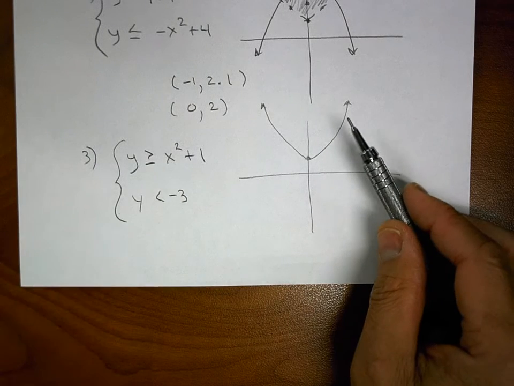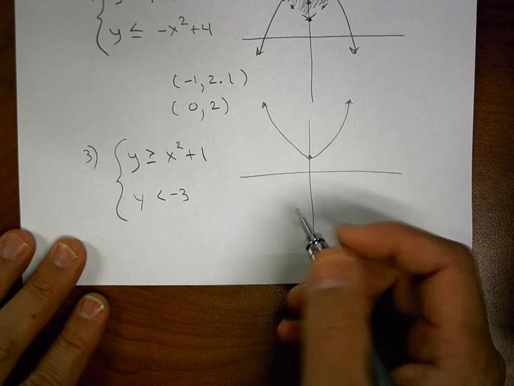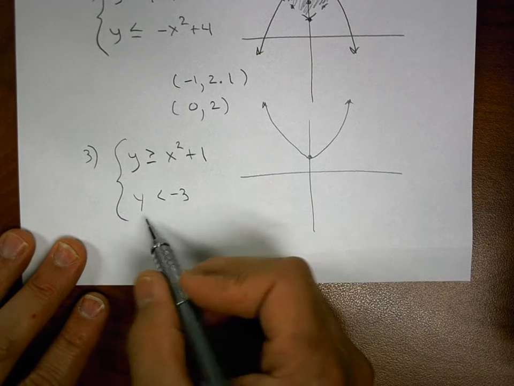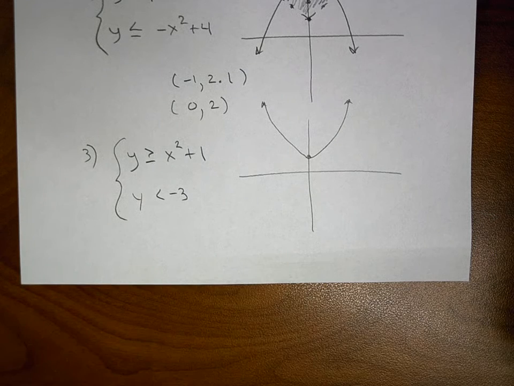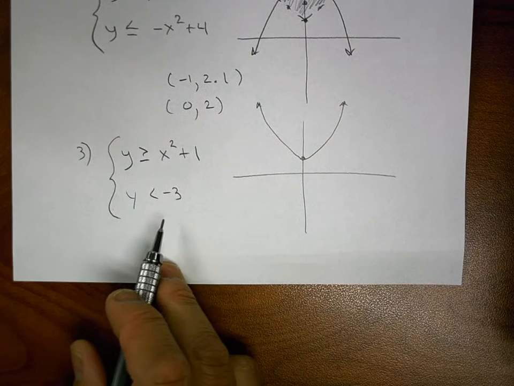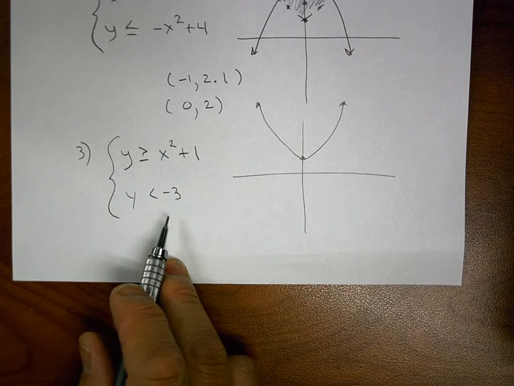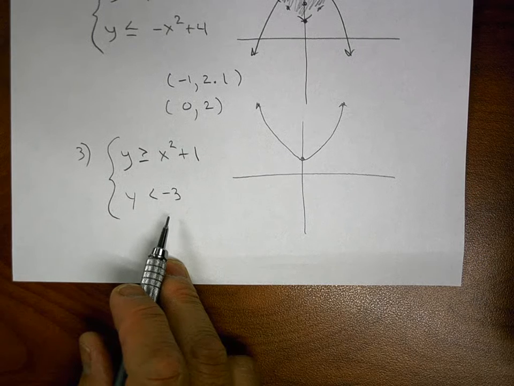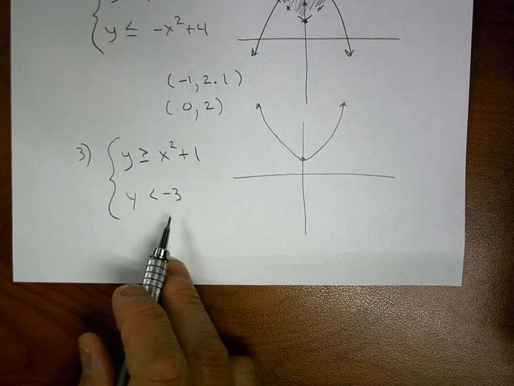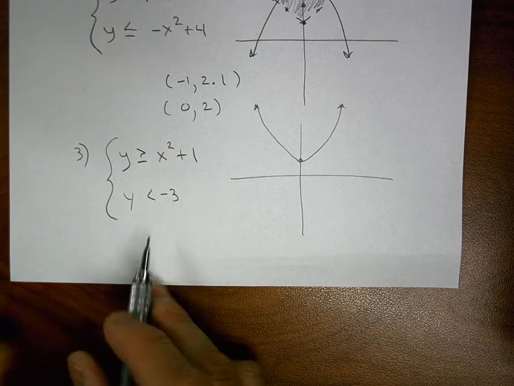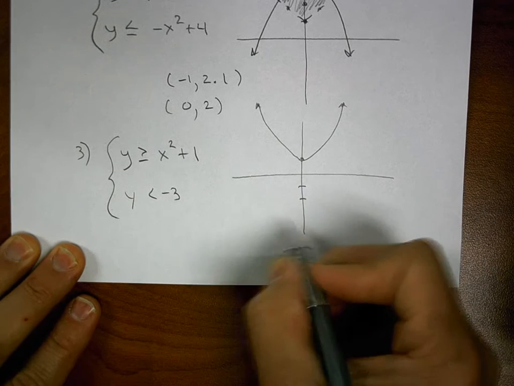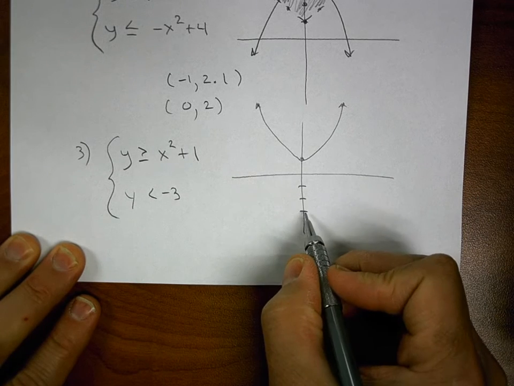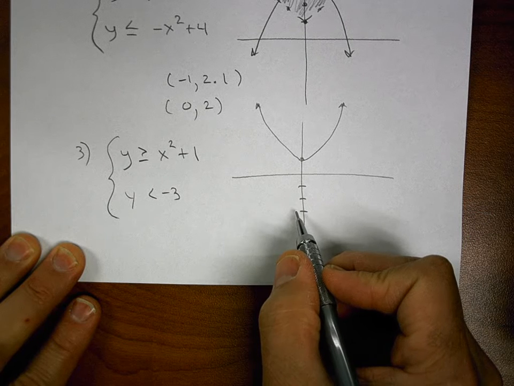But don't shade it yet. I usually don't shade it until I know what the solution is. So y is less than negative 3. What does y equals negative 3 look like? Horizontal or vertical? Horizontal, right? Like this. Now is this a dotted or solid?